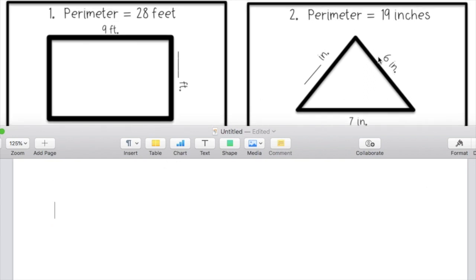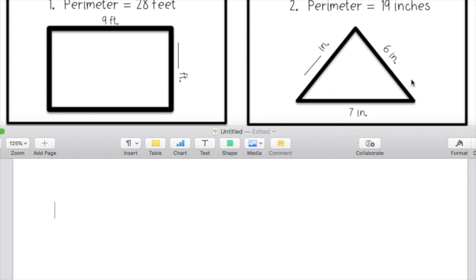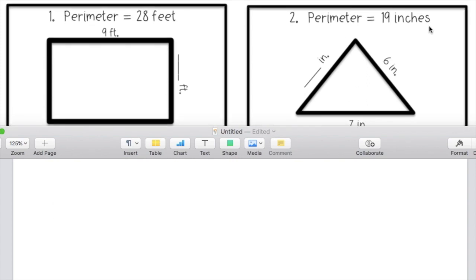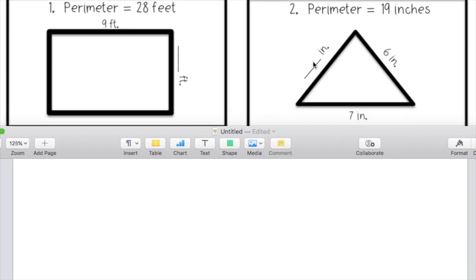In this triangle over here, we have this side is 6 inches, this side is 7, and this is a blank. The total perimeter is 19 inches. So, I need to figure out how much is missing out of the 19 inches. I'm going to show this in 2 different ways.